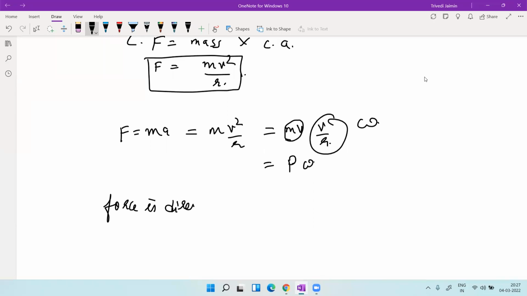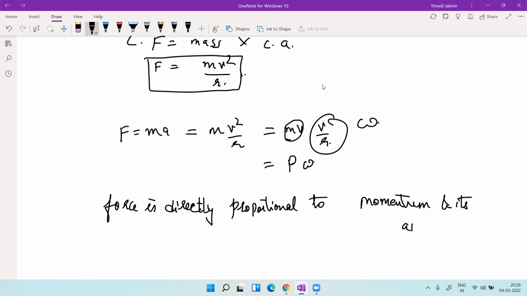Force is directly proportional to momentum and its angular velocity.